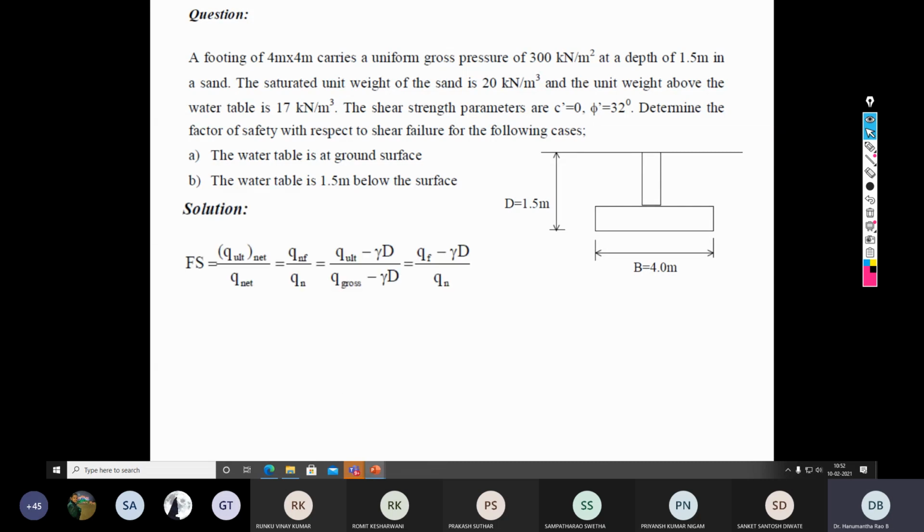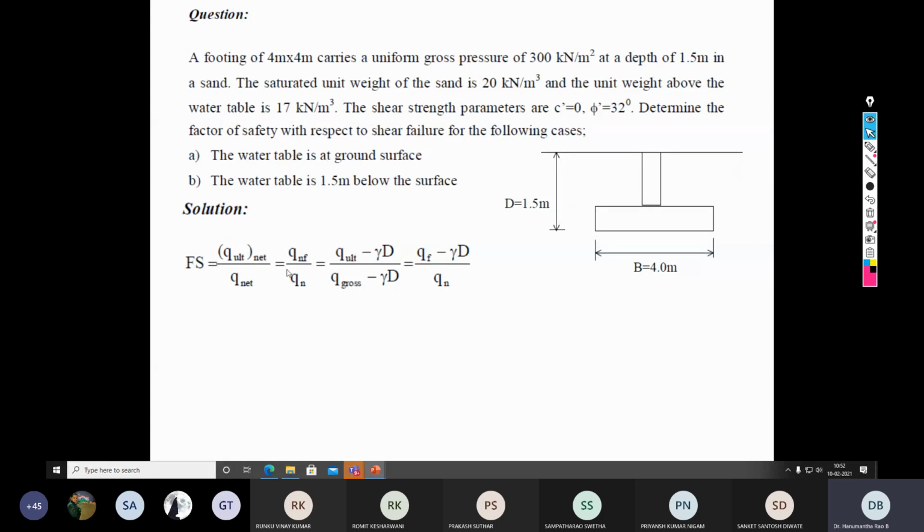So this is the equation for the factor of safety. Both are the same. This is another way of writing the factor of safety: Q ultimate net divided by Q net, or Q net ultimate by Q net.